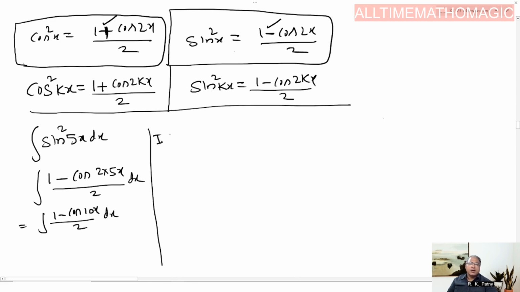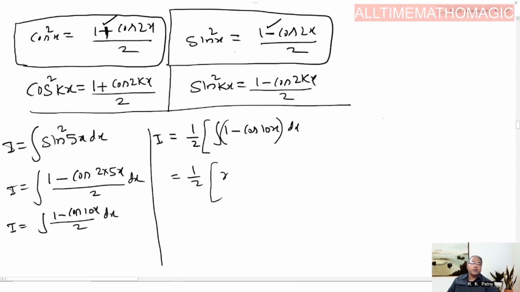Whenever the integration is given, we can write I equals, therefore I equals 1 by 2 taken outside, and integration of 1 minus cos 10x with respect to x, equals 1 by 2.